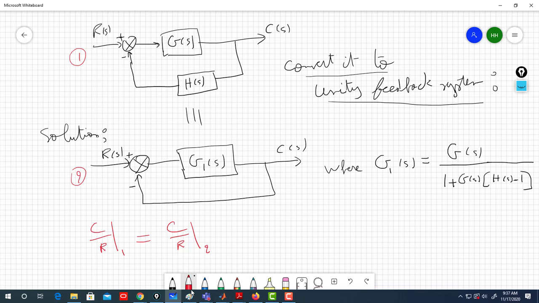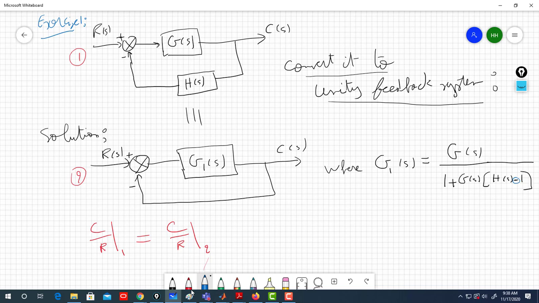Okay, this is exercise 1. Let's do another exercise. But doctor, we get minus 1 with G of S H of S. This minus 1? Yes. But I'm telling you G1 equals that. So I replaced G1.